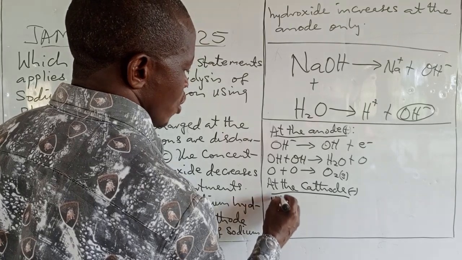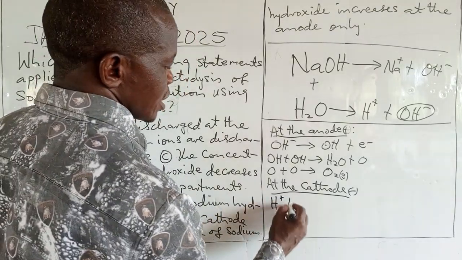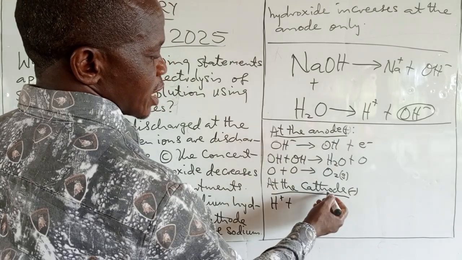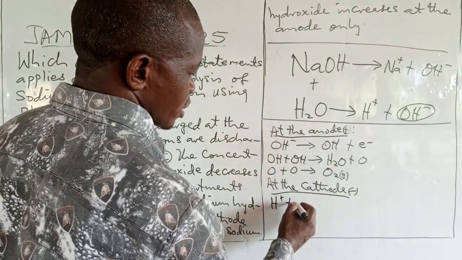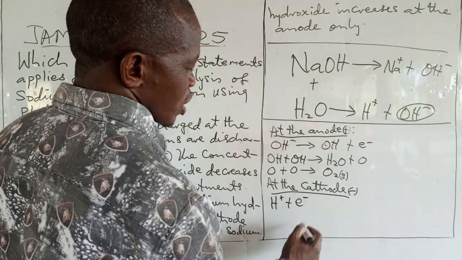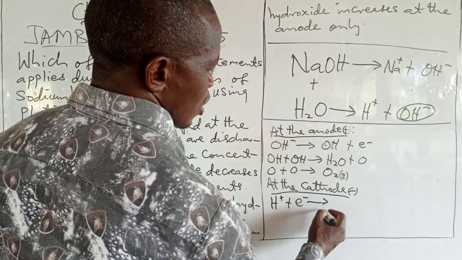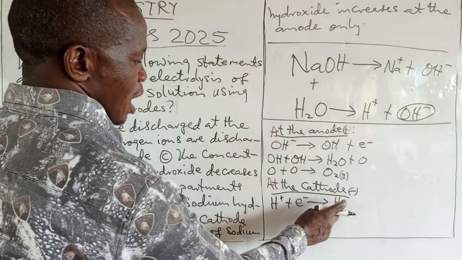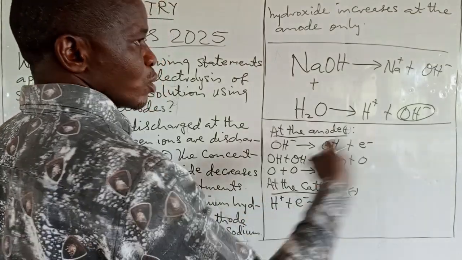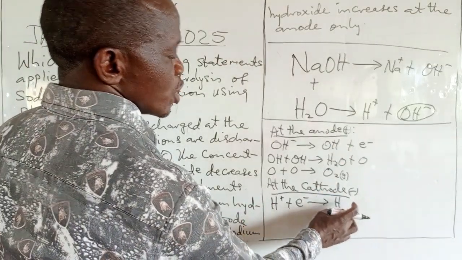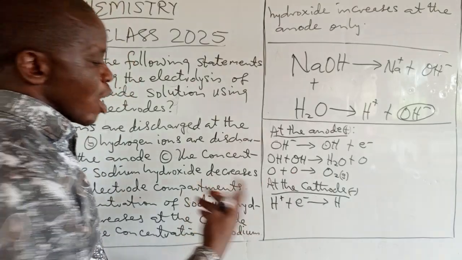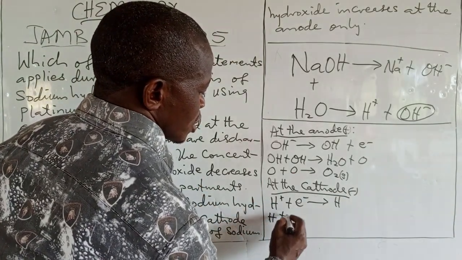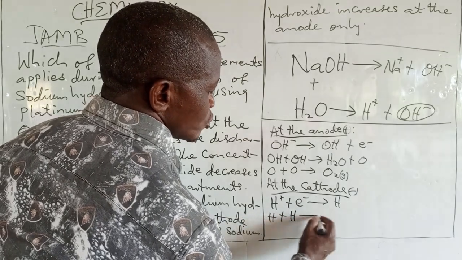The hydrogen ion will collect one each to become what? To become a hydrogen atom. Another one will do the same, and another. So two will pair up, so you now have a hydrogen atom plus another hydrogen atom to give you what?